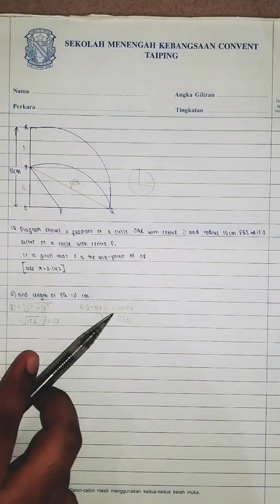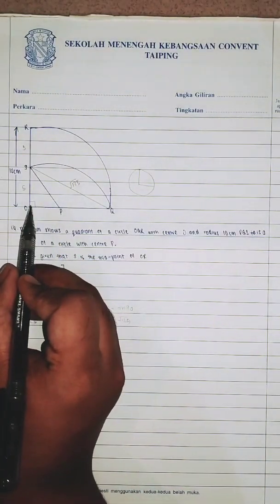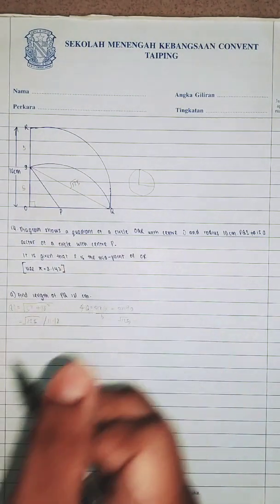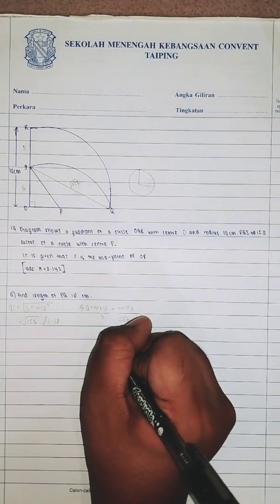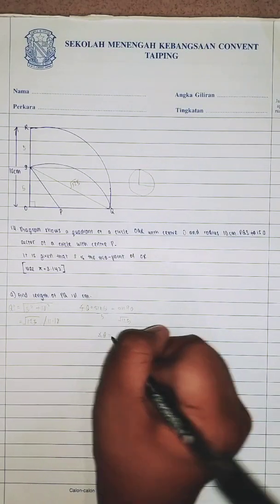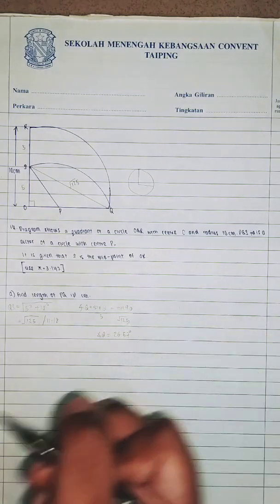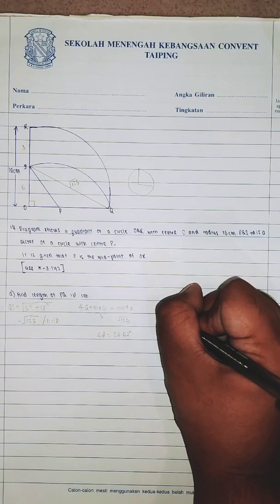I've got sine 90 because it is a right angle triangle, so there's 90 degrees present here. So the angle of Q will be 26.57 degrees.